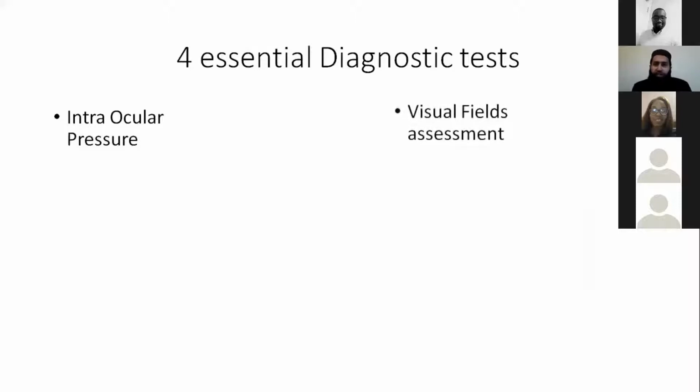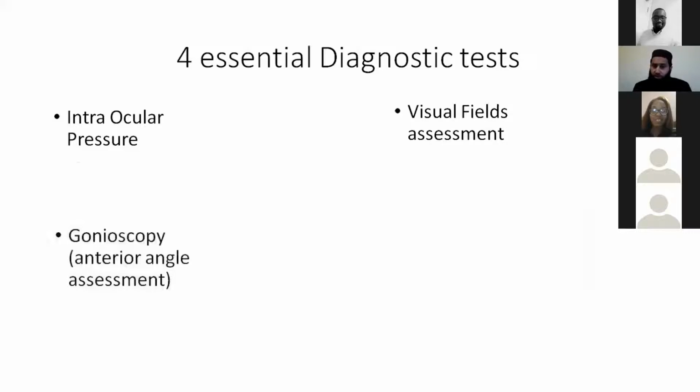So there are four basically main diagnostic tests that we need to perform on every patient, and one of them is intraocular pressure, very common, we all are aware of it. Then there's a visual field assessment, and we've got gonioscopy, not regularly performed in day-to-day practice.